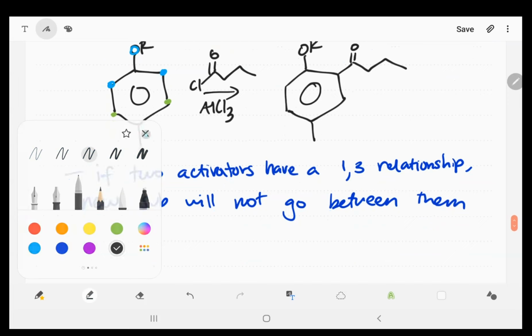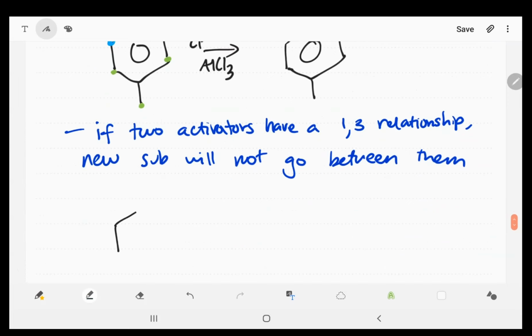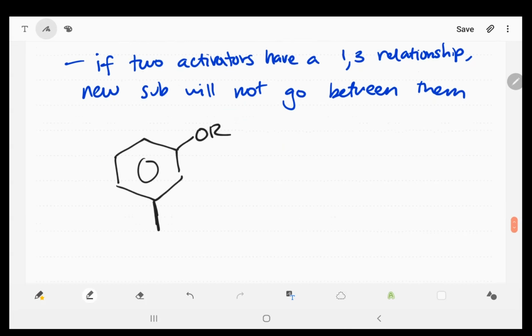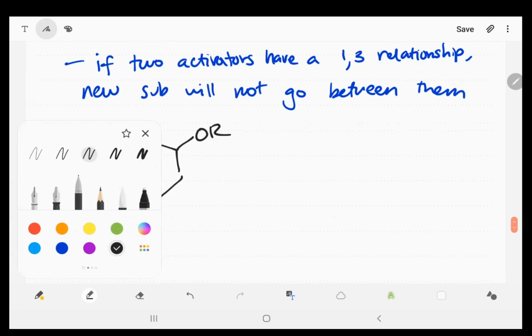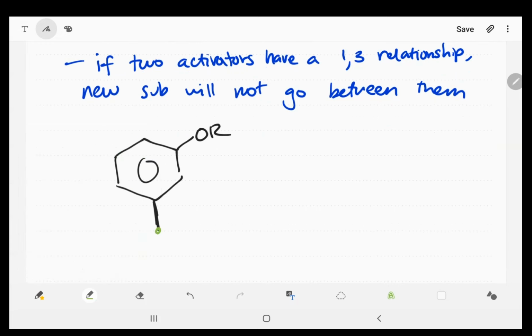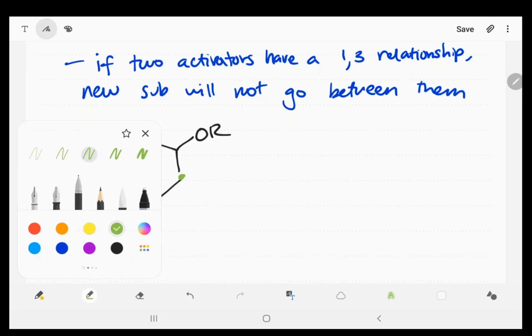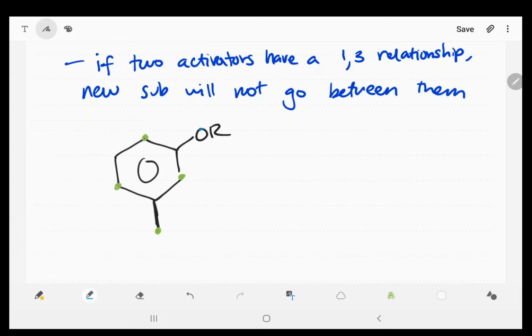What I mean by that is something like this. This methyl group will direct our new substituent to one of these three positions, right? Ortho or para. Our oxygen would say, okay, we're going to direct you to one of these positions.